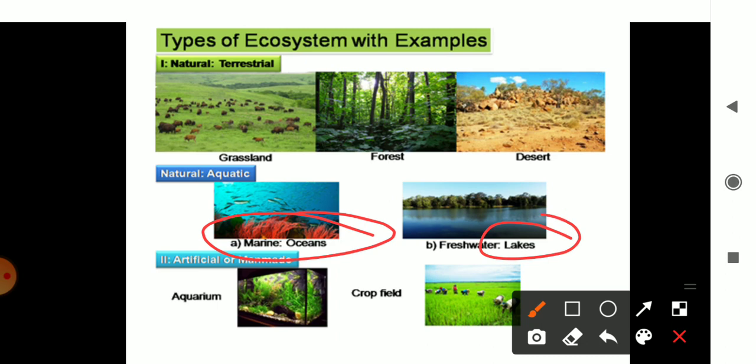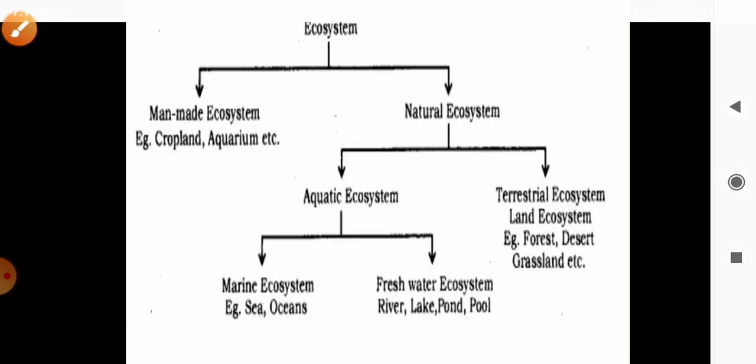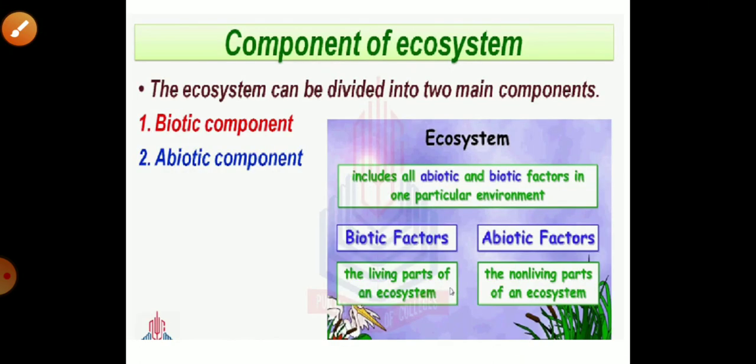Then you've got lakes, seas, rivers, ponds. All these rivers, lakes, ponds are freshwater ecosystems, whereas ocean and sea are examples of marine aquatic ecosystem. The artificial or man-made ecosystem includes an aquarium or a crop field or a garden. All these are examples of artificial ecosystem, right?